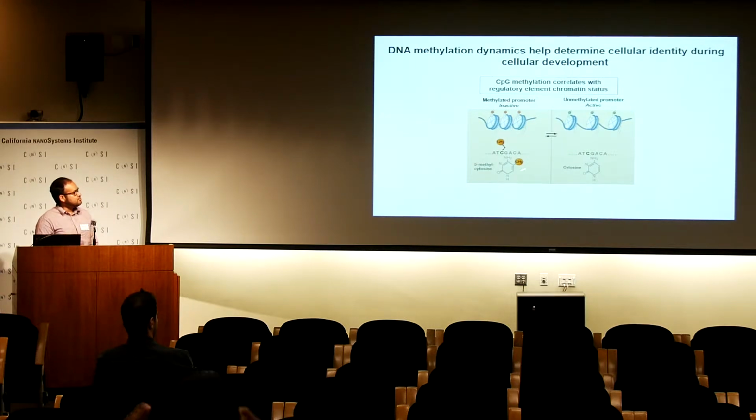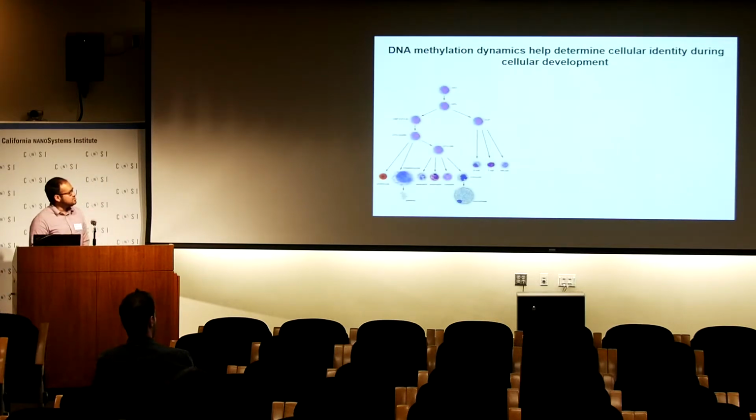And then there's a methyl group, which is attached to this cytosine. And so the effect of this is that it can turn regulatory elements such as promoters on or off. The dogma is basically that when something is methylated, it tends to be more inactive, more heterochromatin, whereas when it is unmethylated, it tends to be more active.